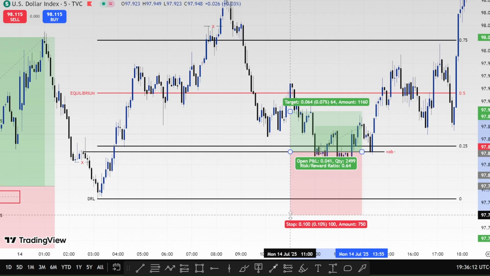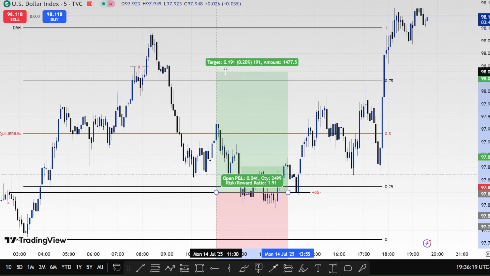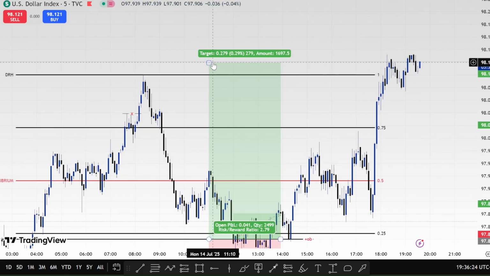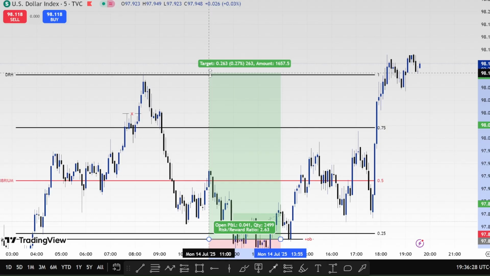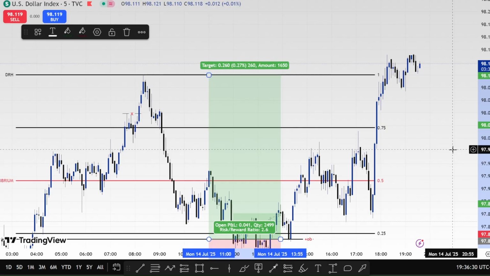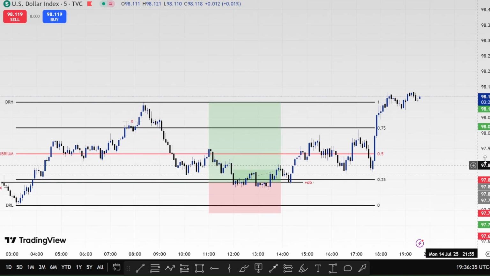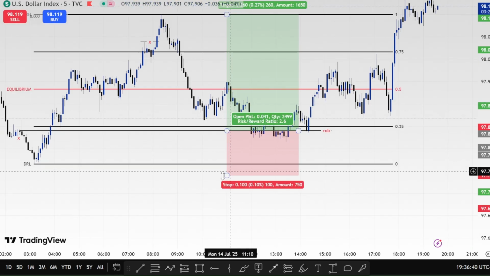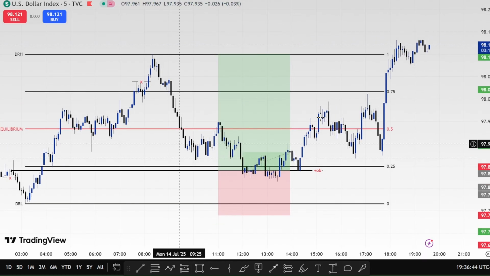So basically I'm going to go for 100 pips, because this has higher liquidity and high volatility. So I'm going to go for 100, 200 pips, and I'm going to go from this point to the DR high, dealing range high, then to below the dealing range low. That's how I look for my entry.